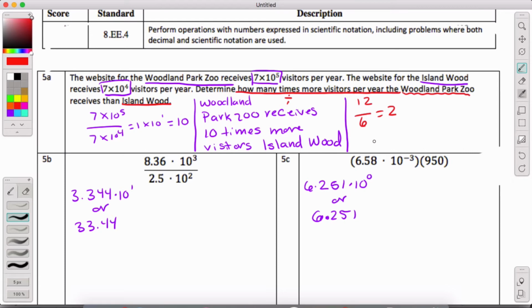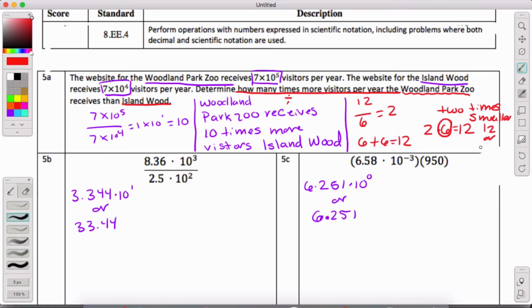You'd go, well, it's 2 because 6 plus 6 is 12. There's 2 6s here. That means that you can multiply 2 by 6 to get 12. So 6 is 2 times smaller than 12.